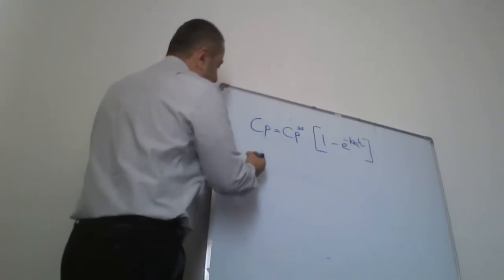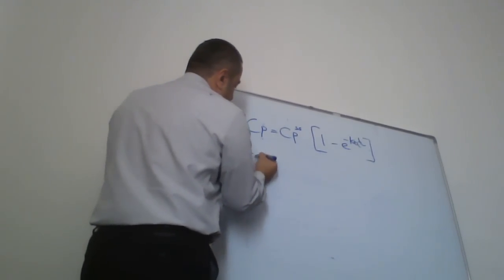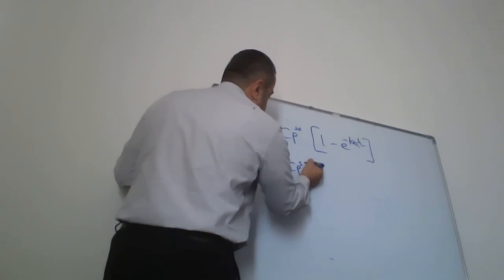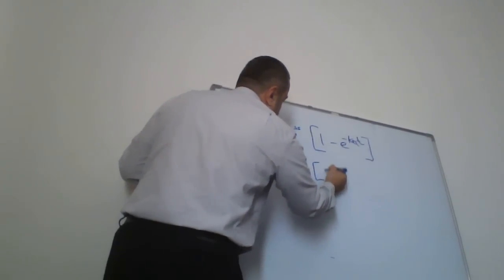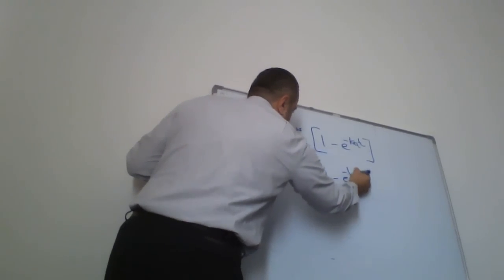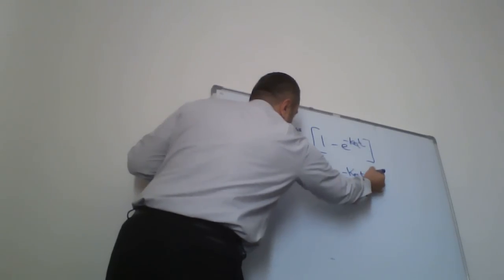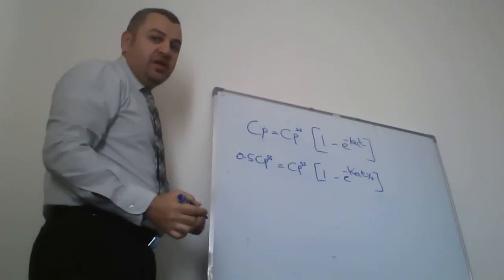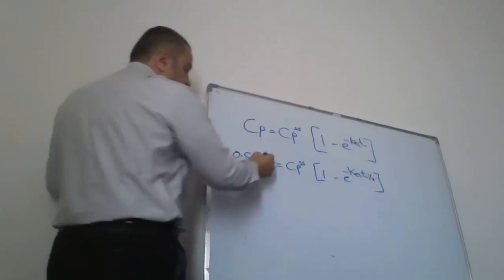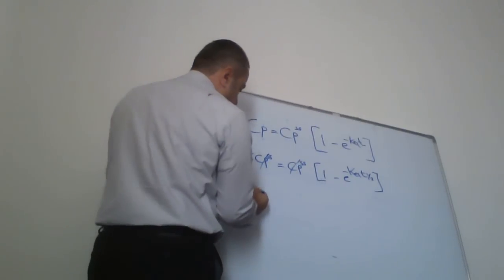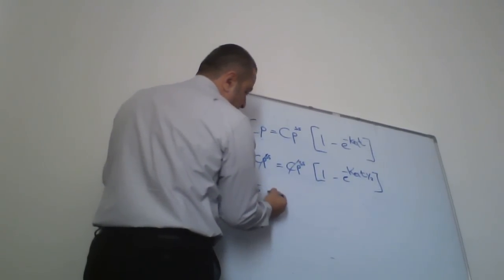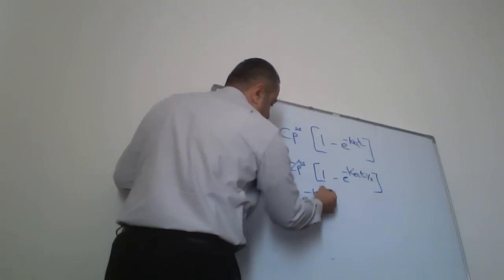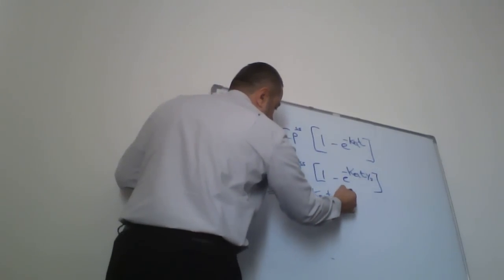I will write it as half the CPSS is equal to CPSS into 1 minus e to the power of minus KLP t. Now I will call it T half, accumulation T half, not the elimination T half. CPSS goes with CPSS, so you have half is equal to 1 minus e to the power of minus KLP T half.